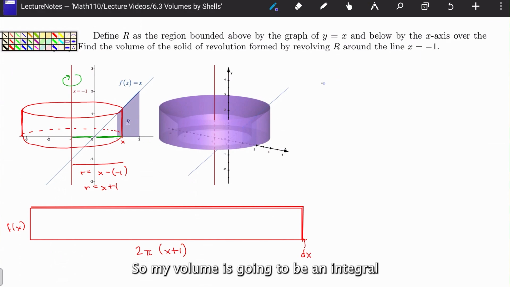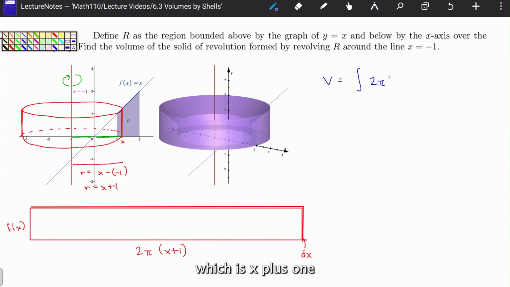So my volume is going to be an integral of 2 pi times the radius, which is x plus 1, times f of x times dx.